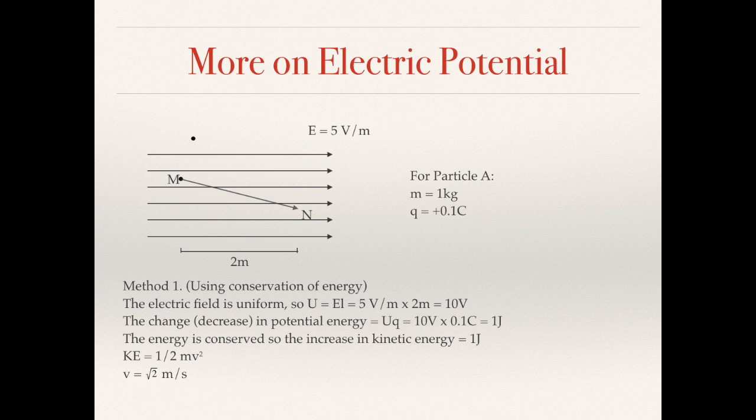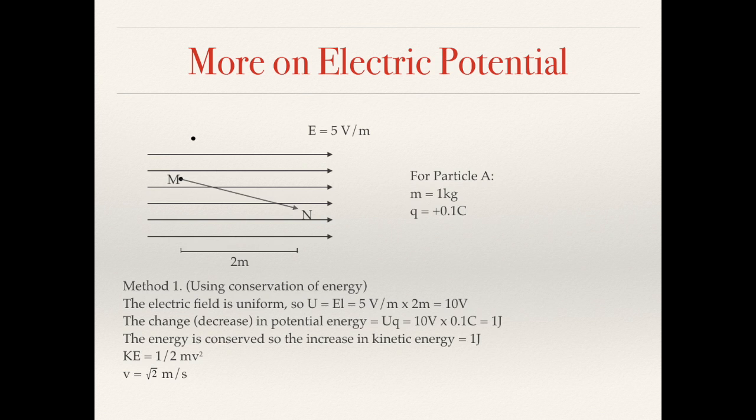So for method 1, let's use the conservation of energy. Because the electric field is uniform and equal to 5 volts per meter, we just calculate the potential difference between M and N by multiplying E and L, the equation that we've just talked about.